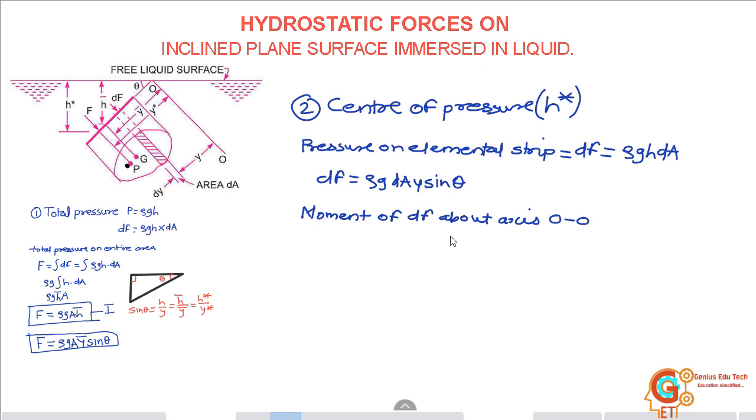Now moment of dF about axis OO is given as dF into y. We know that dF from this equation is rho g dA y sine theta into this y. So equation becomes rho g dA y square sine theta.